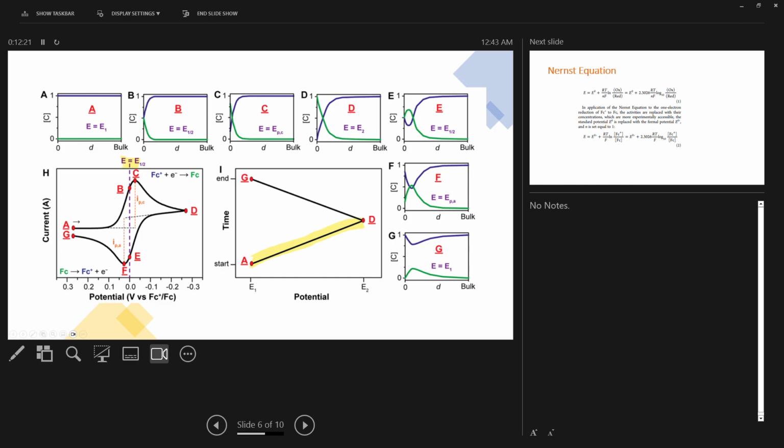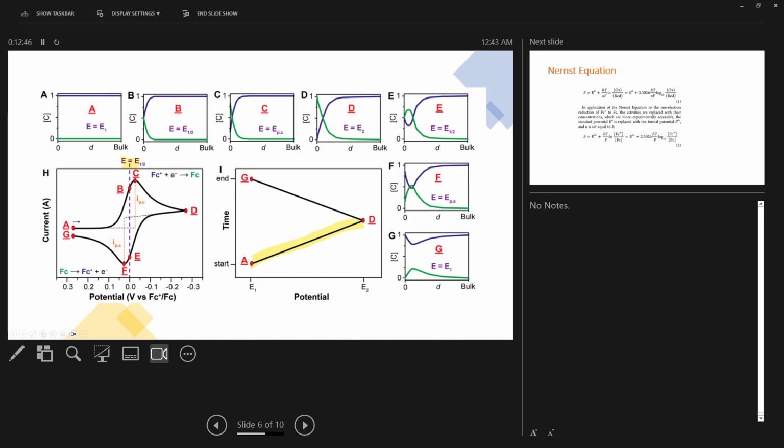Then, moving further toward the negative applied potential, we reach point D. At point D, the ferrocenium has become zero on the surface of the cathode, while the ferrocene has the highest value at the cathode.